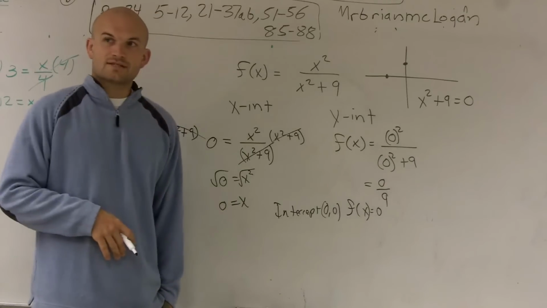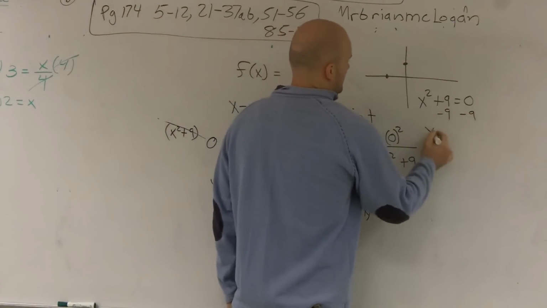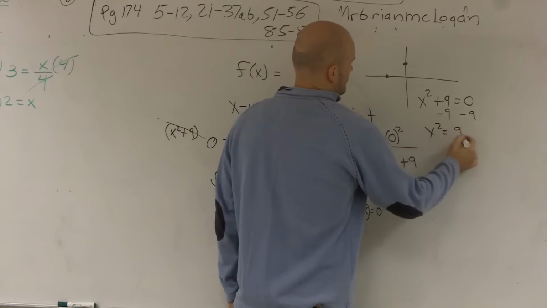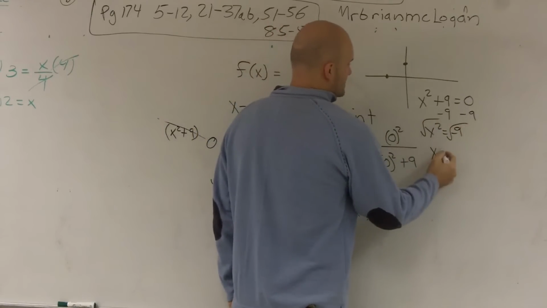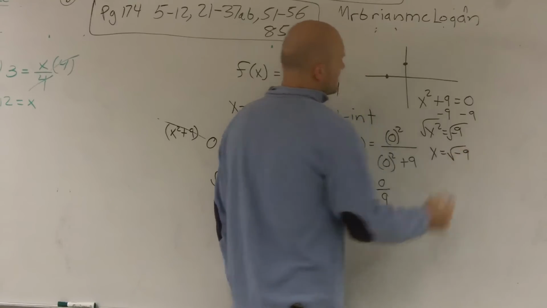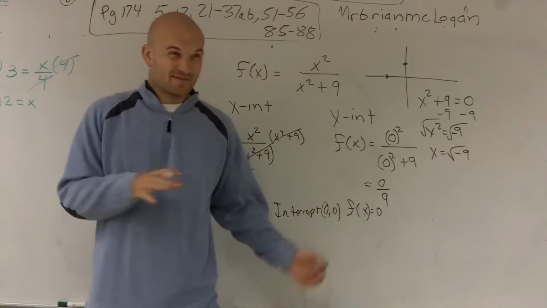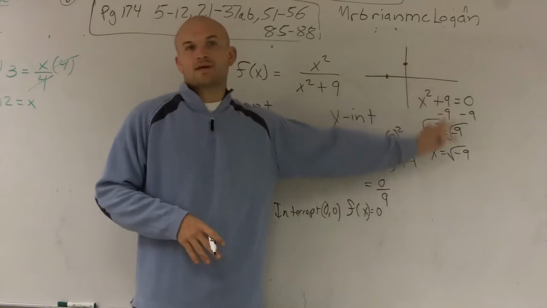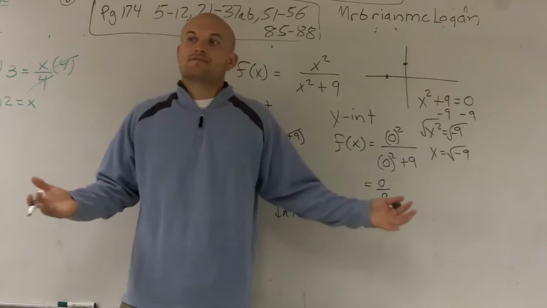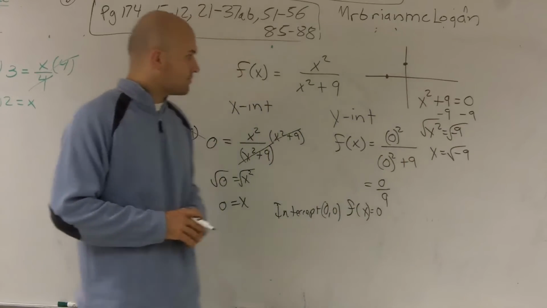To solve for this, I subtract the 9. And when I take the square root, I have x equals the square root of negative 9. You cannot take the square root of a negative number, right? That's going to give us an imaginary asymptote. So therefore, there's not going to be a vertical asymptote. Since it's going to be an imaginary or complex number, there is no vertical asymptote.